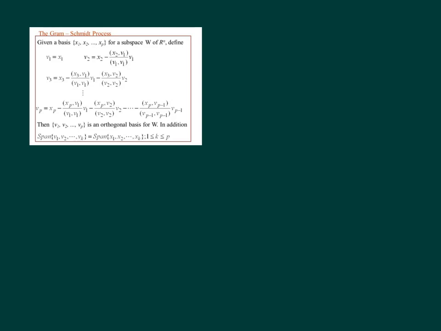So if y is equal to a linear combination of u's, where the u's are our basis elements, what we found is that if our u sub i's are all orthogonal to each other, then it's very easy to find what those coefficients are for each particular y value that we have. And remember, the coefficients are equal to y dot u sub j over u sub j dot u sub j.